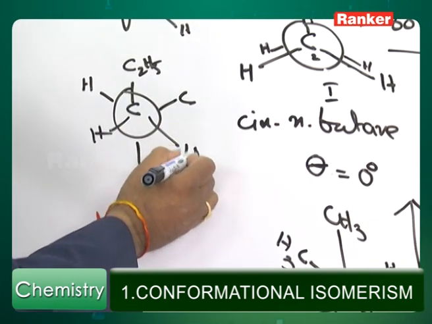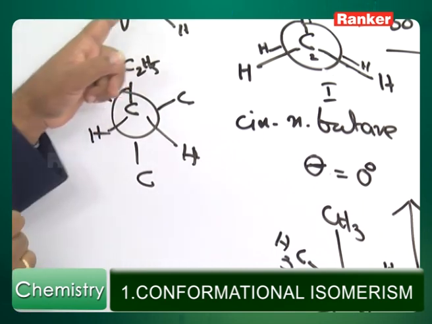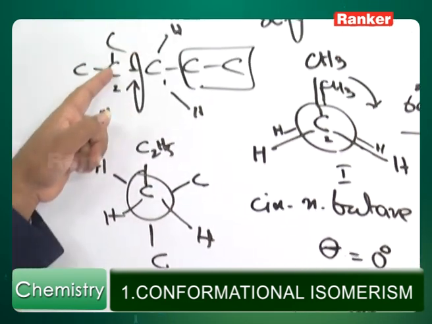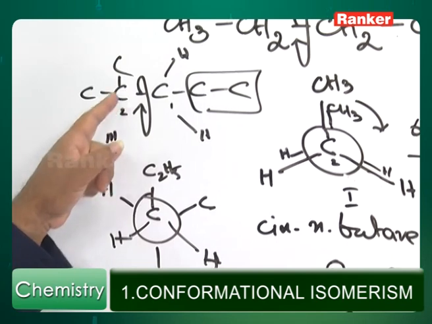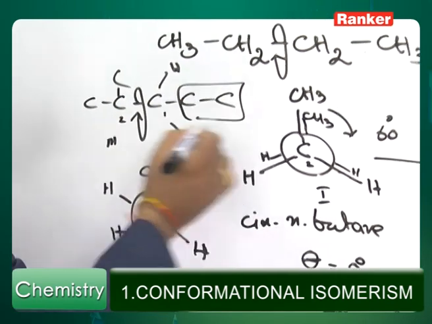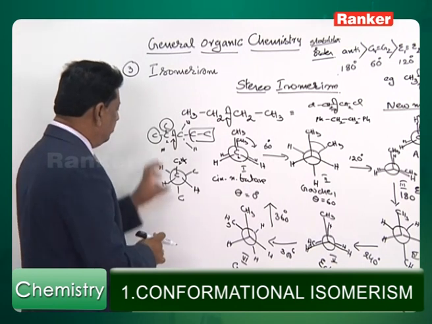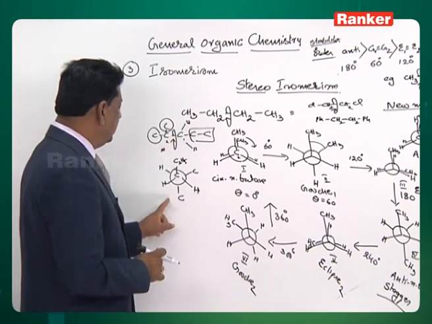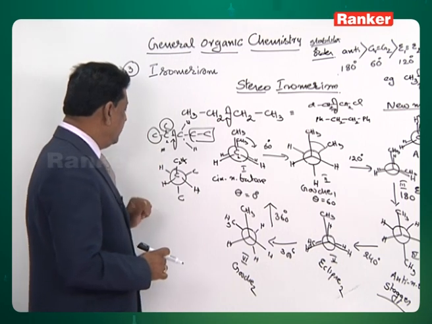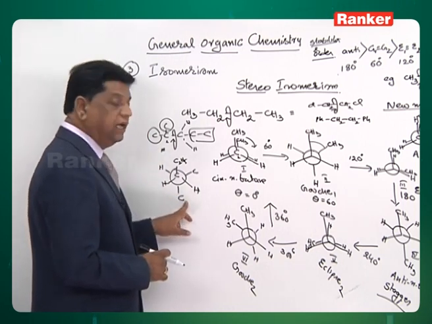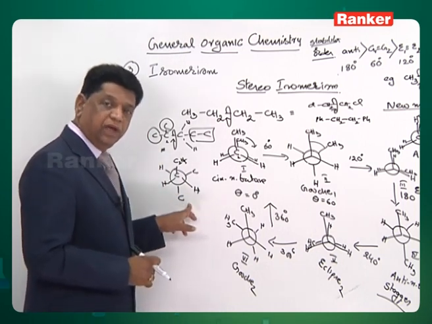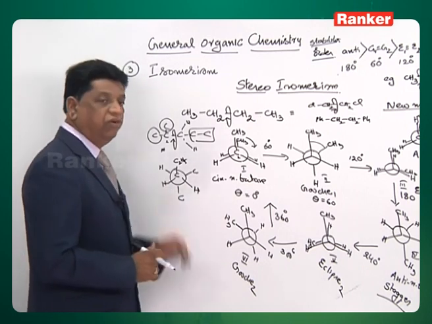Now these two are nothing but the same compound. I am rotating between these two carbons, taken as the first carbon and the second carbon. This group is the ethyl, this is the methyl, this is the methyl and ethyl. So now this is one of the conformation structures of this compound. Instead of one methyl, if I put ethyl, the formula will have one more carbon extra, so this is no more a conformer of that one.